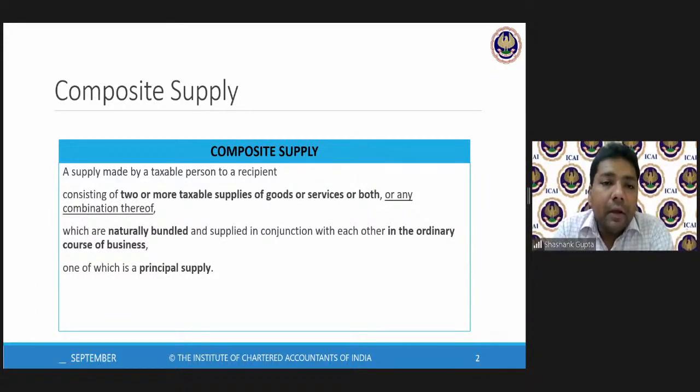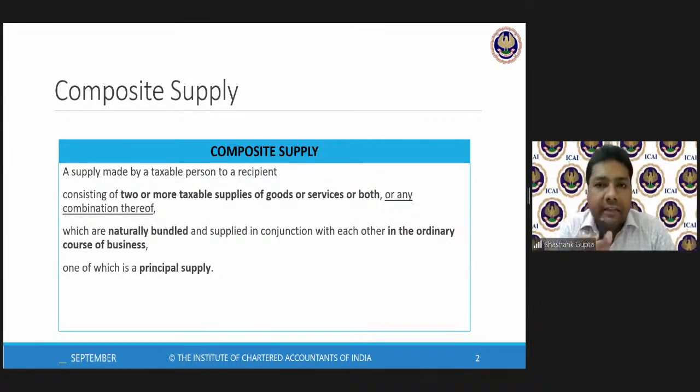So the first thing that should come to your mind when you're about to analyze whether any particular supply is a composite supply or not is that there should be a combination of supplies. That is, within a single transaction, multiple goods or multiple services should be getting supplied.